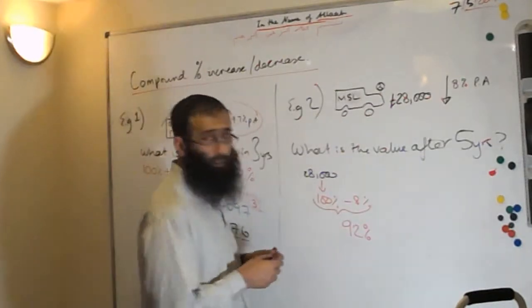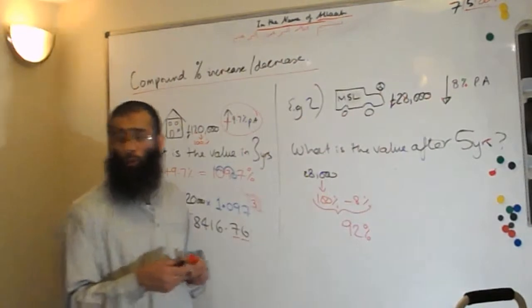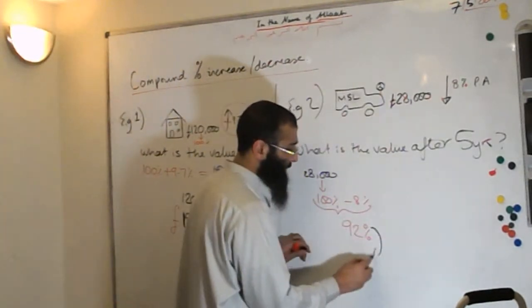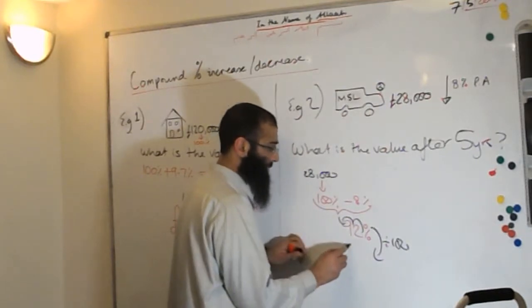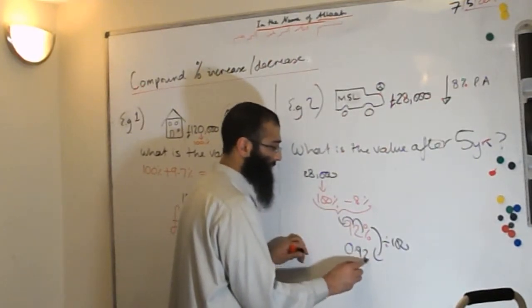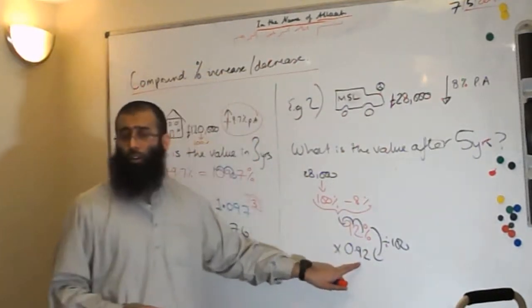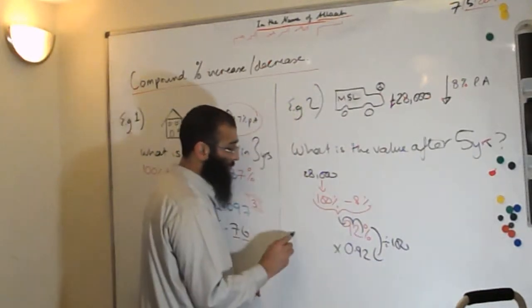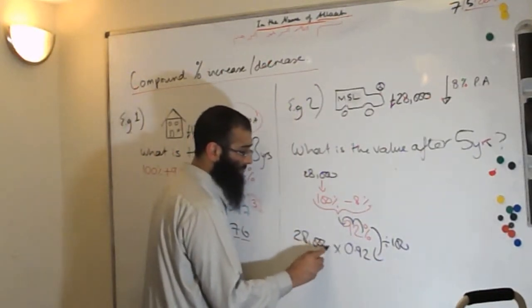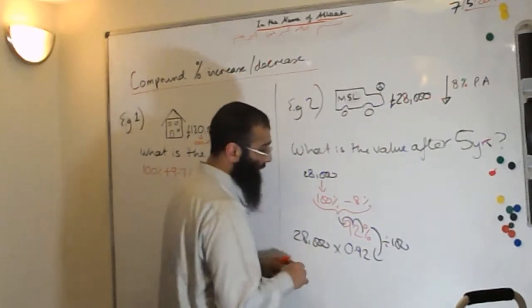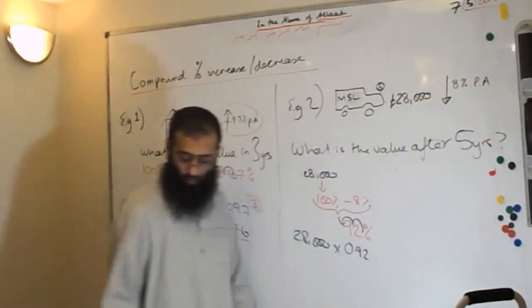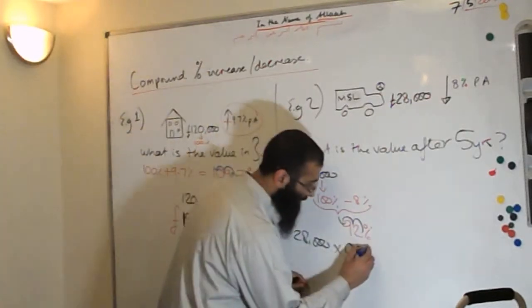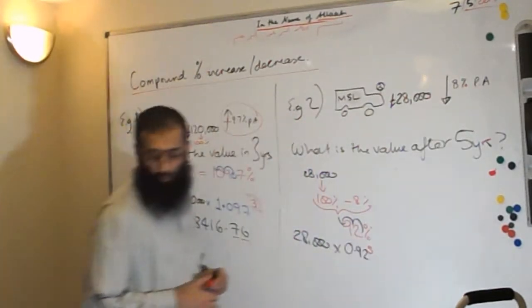Change 92% into a multiplier for me, please. We divide it by 100. So that will give us an answer of 0.92. We multiply the original value, 28,000, by 0.92, and then we put that to the power of 5.